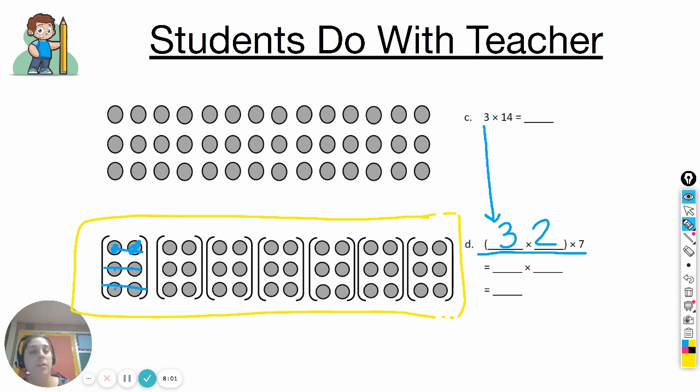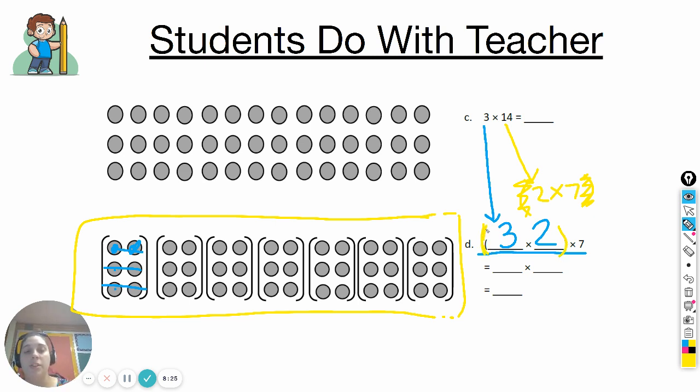Okay. Now just thinking, where did we get that 7? Well, 14 used to be 2 times 7. But the associative property says we can move those parentheses. So we are moving the parentheses off of 2 times 7, and now they're around 3 times 2.